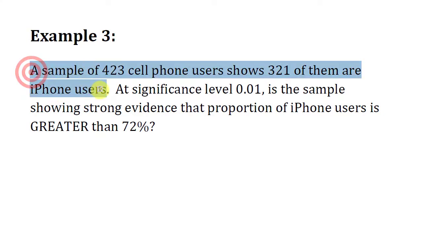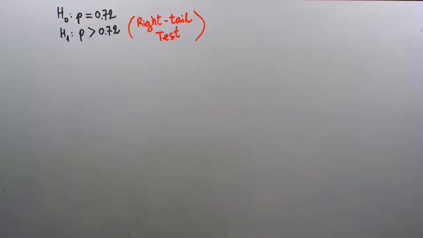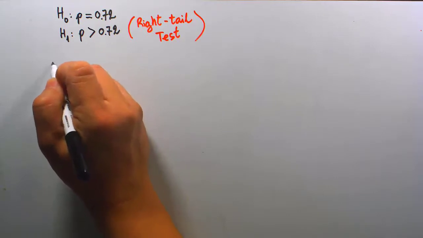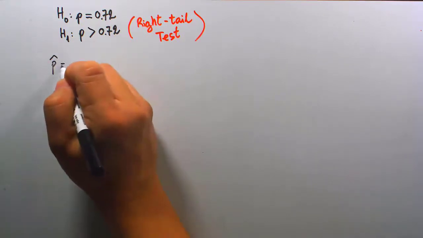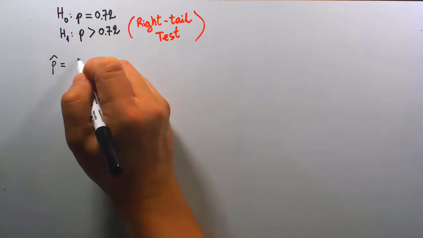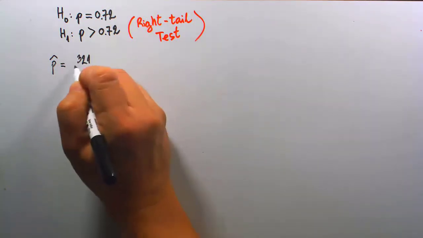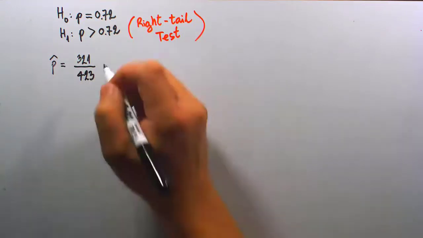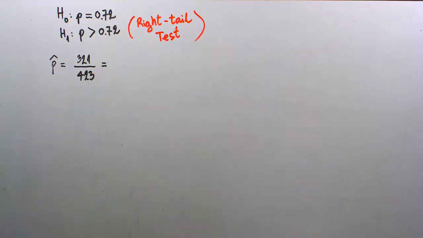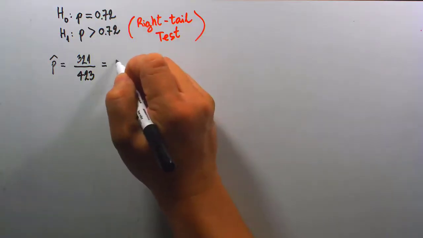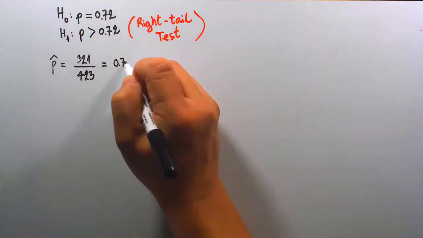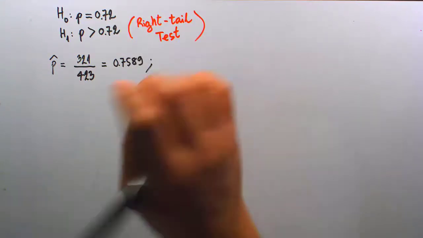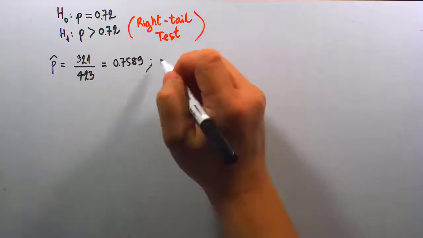This first piece of information indicates that we're looking at our sample proportion, which we call P hat, given as 321 over 423. The calculation comes out in decimal, to 4 decimal places, to 0.7589. And of course, the sample size being used is 423 cell phone users.